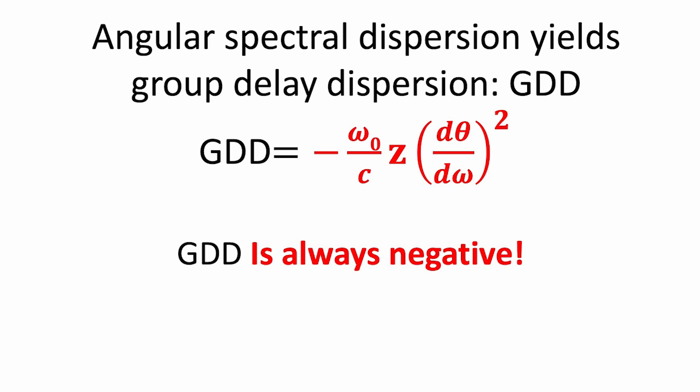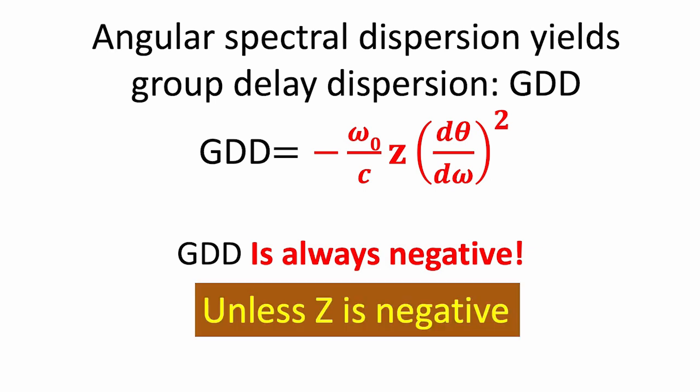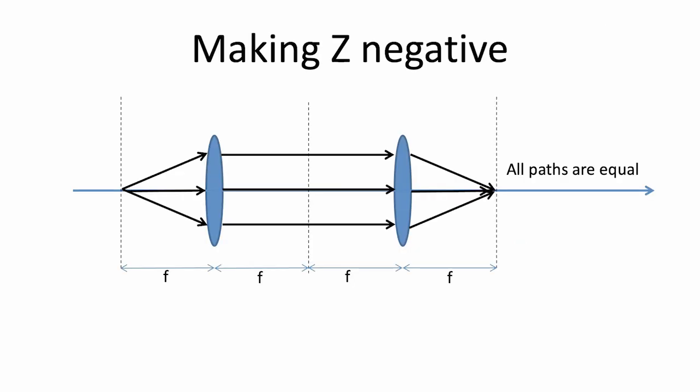You can change the sign. Next, please. If you make Z negative. So this is optics. You can make a distance negative. And in the next slide here, I'm showing you how. If we look at this 4F, this is called a 4F telescope. It's two lenses placed sharing a focal plane. Both have the same focal distance.